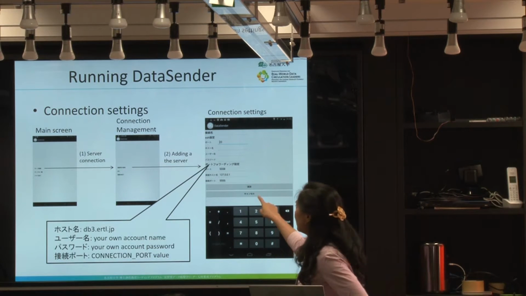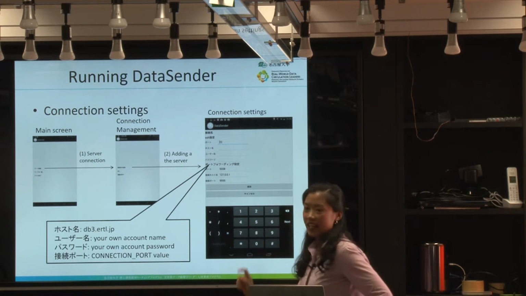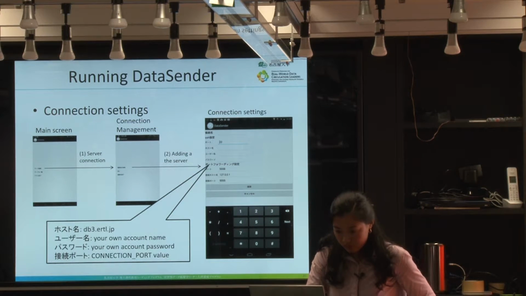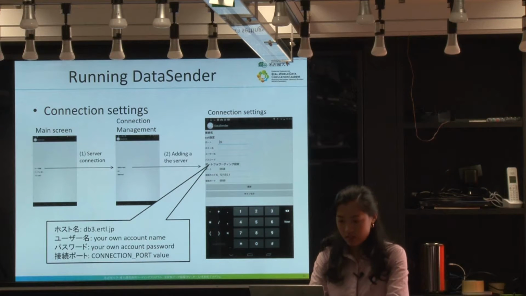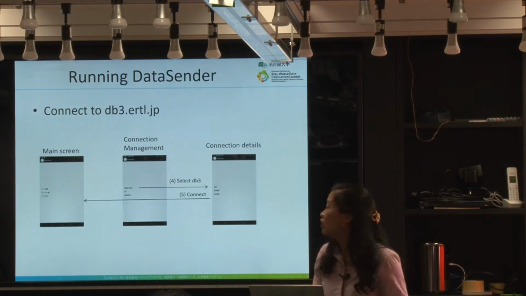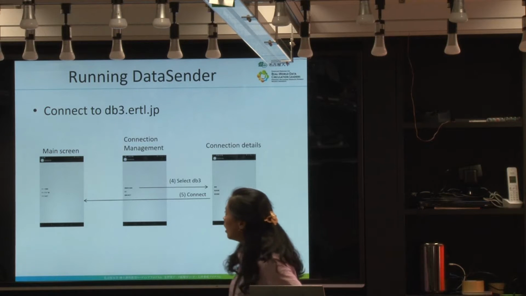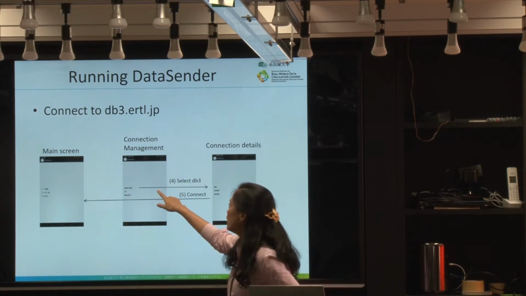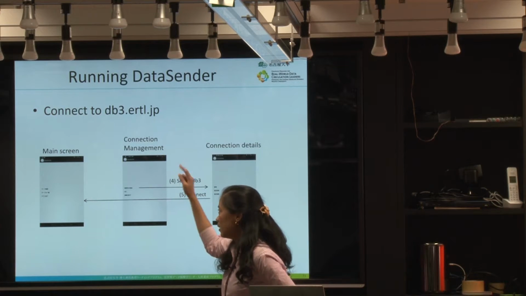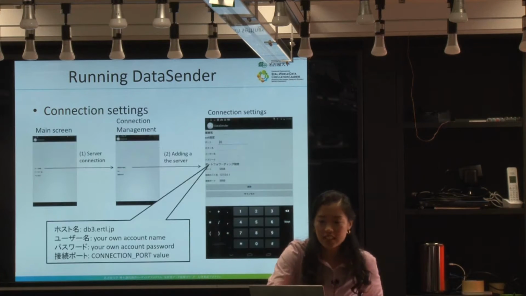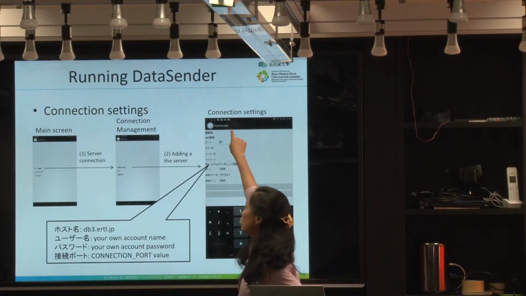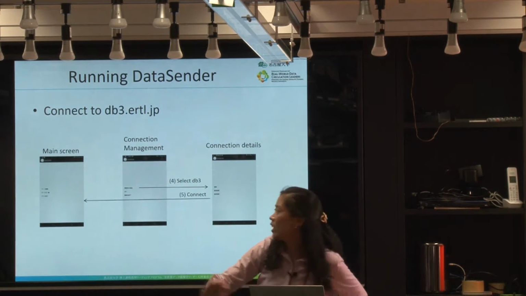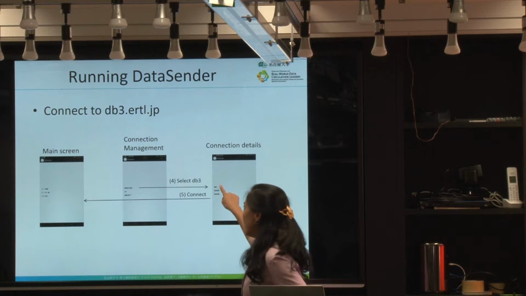And after that, click add. And after that, connect to whatever you added in the previous slide. For example, if you set your name to lecture or db1, try to click on that and connect.